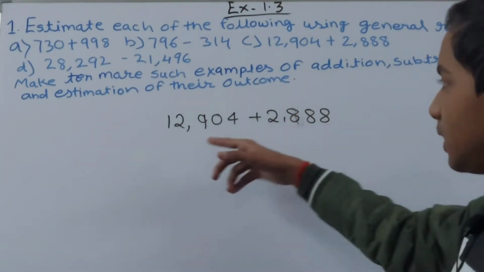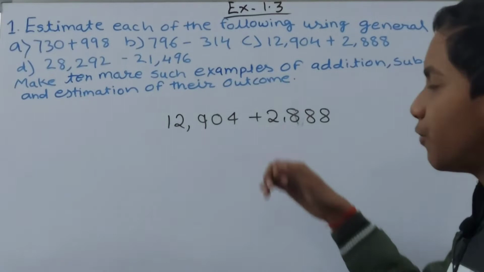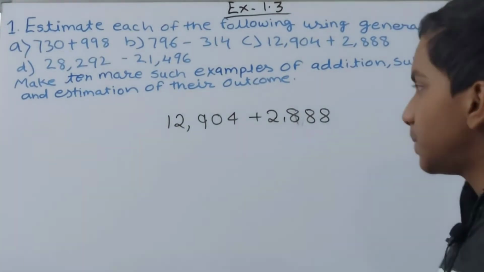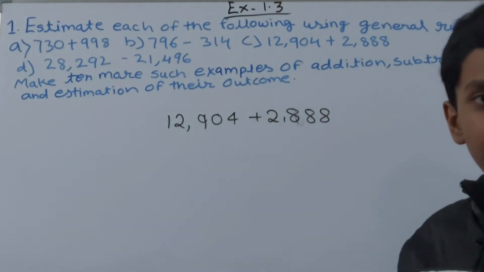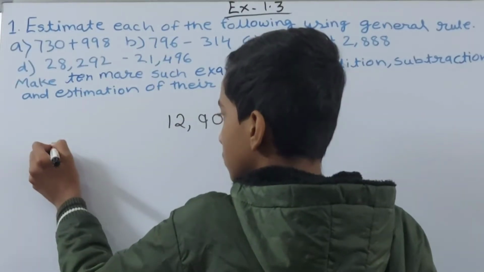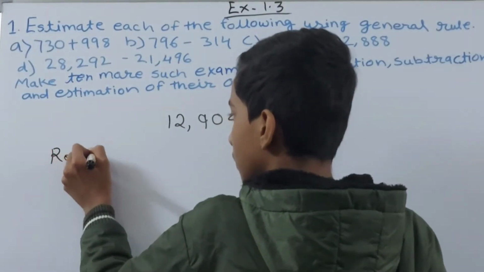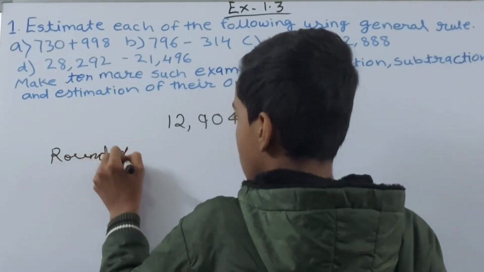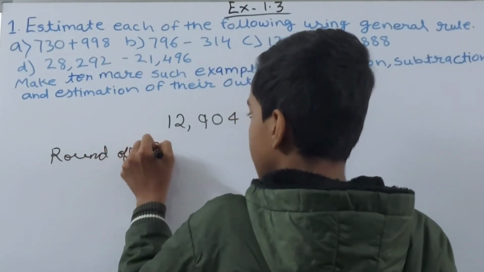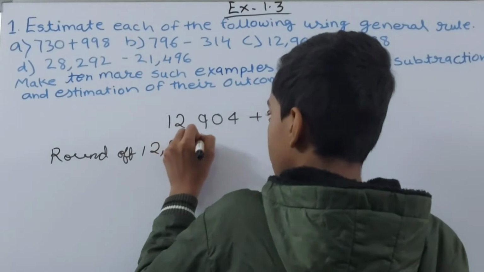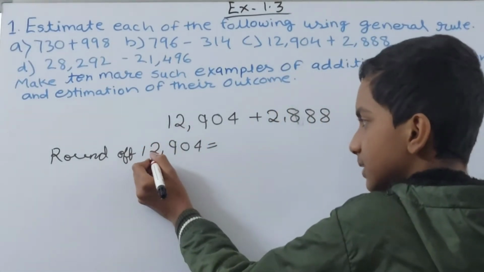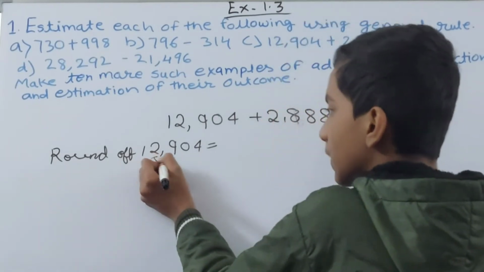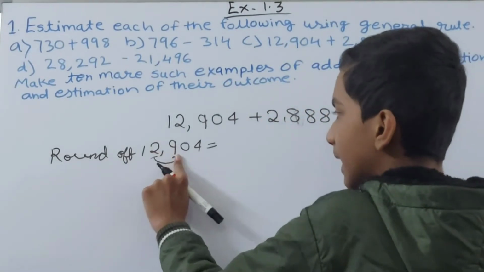So what can you see here? We can round them off to the nearest thousands place. So first 12,000. Either you can make it 12,000 or 13,000. So round off 12,904. If we are rounding off to the nearest thousands place, this is the thousands place, we will move one place back to the hundreds place.